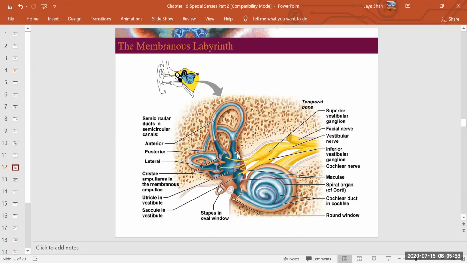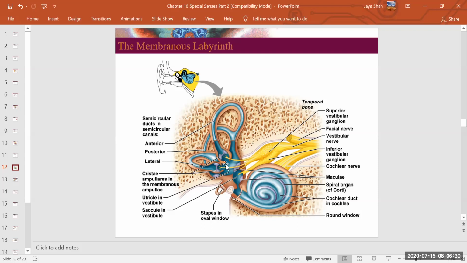If we cut the membranous labyrinth here or here, inside we have a fluid called endolymph, and inside the endolymph there are receptors. The receptor organ in the cochlea is called the spiral organ of Corti. The receptor organ in the vestibule, lying in the saccule and utricle, is called the macula.